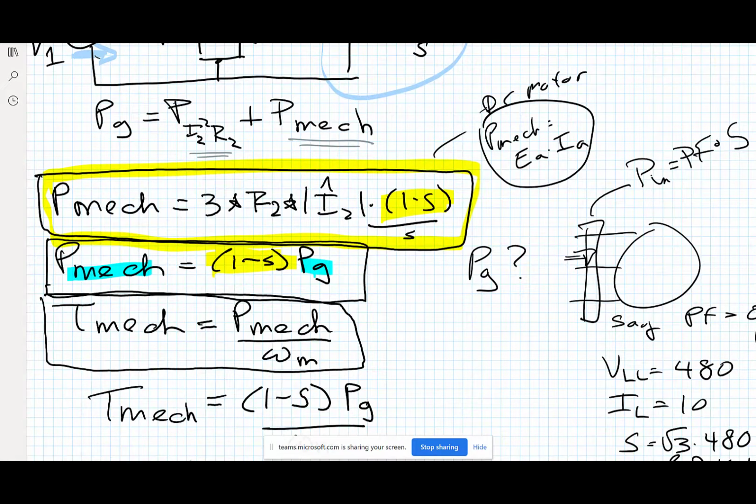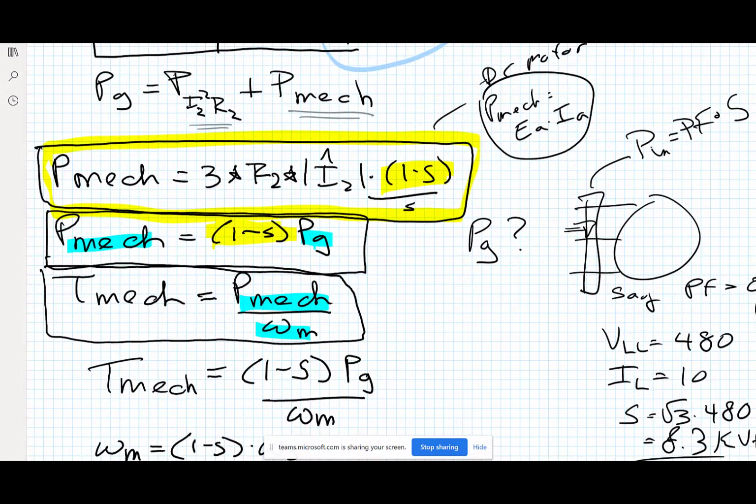Because we know the mechanical torque that's applied to the shaft, we can easily find the mechanical torque. The mechanical torque would be take that P mechanical and divide it by the mechanical speed, right? Just like we've done before. So I know all of this stuff. In fact, just as an aside, what if I want to know what's the shaft torque?